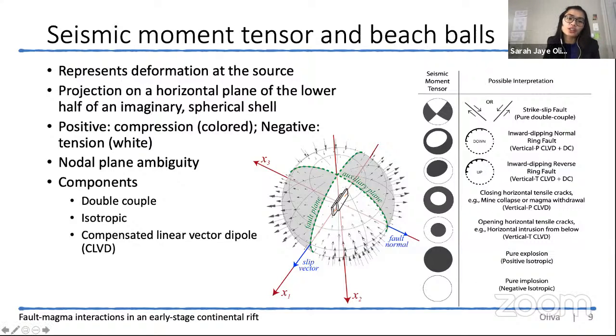Those are the ones that look like eggs, like these two right here on the table, where you have a larger circle with a smaller circle inside of a different color. And then combinations of these three components result in what may be funky looking beach balls to the untrained eye.